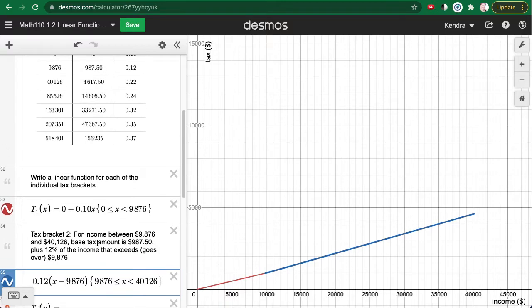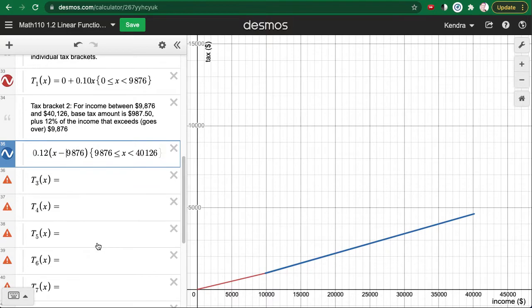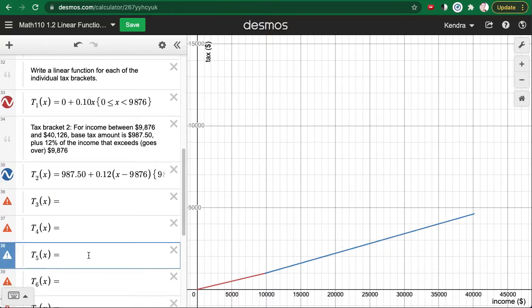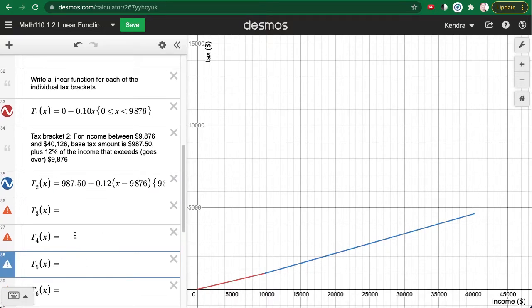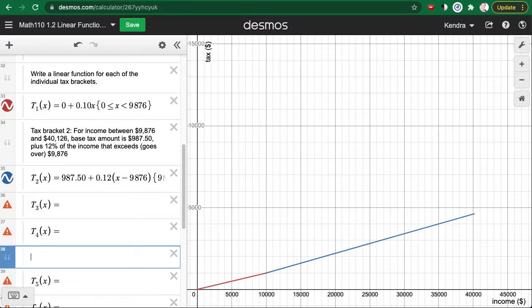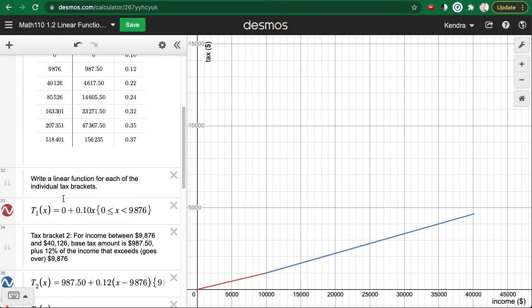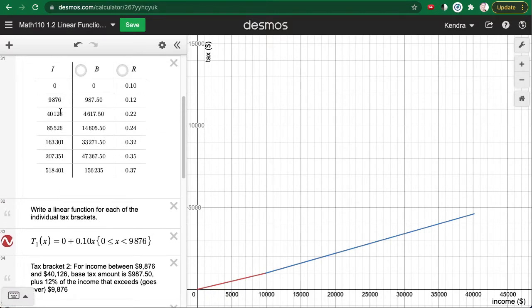And I am not going to do this, but let's just do one more of these. Let's do tax bracket 5. Okay, and I am going to copy this and paste it so that I just have the context of it here. Tax bracket 5. So tax bracket 5, here's 1, 2, 3, 4, 5.